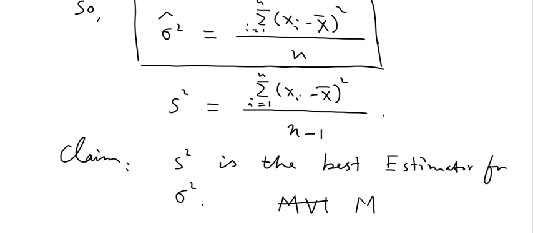M means minimum, so minimum variance, unbiased estimate. So we compare sigma squared hat divided by n or divided by n minus 1. Divided by n minus 1 gives the smallest variance. So this is best. But how do we prove that s squared is the MVUE?